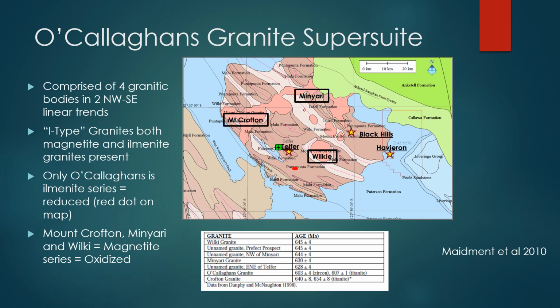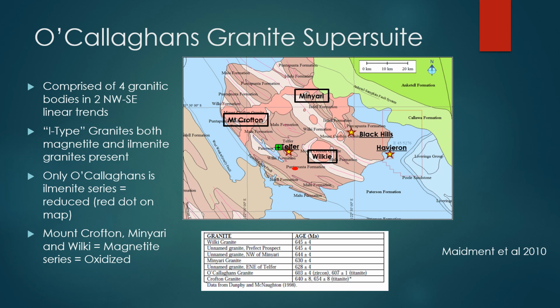We can also split this up into whether these are reduced granites or oxidized granites based on the presence of either magnetite or ilmenite. Ilmenite series granites are reduced granites, and only the O'Callaghan's is an example of that. Most of these granites are oxidized granites because of the presence of magnetite in the magnetite series. Now the granites range in age from 650 to 605 million years.